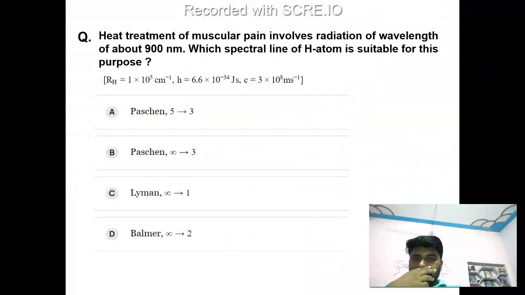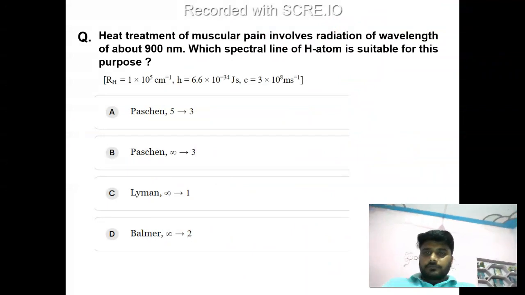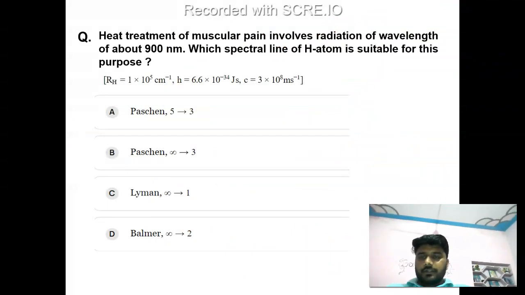Another interesting question: in any heat treatment of muscular pain, it involves radiation of wavelength of about 900 nanometer. So we basically need radiation of wavelength 900 nanometer. Which spectral line of hydrogen atom will be suitable for this purpose? We have to calculate the line.